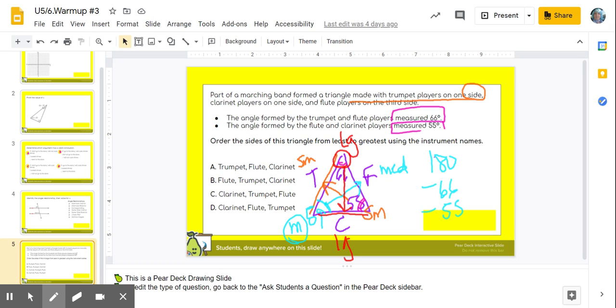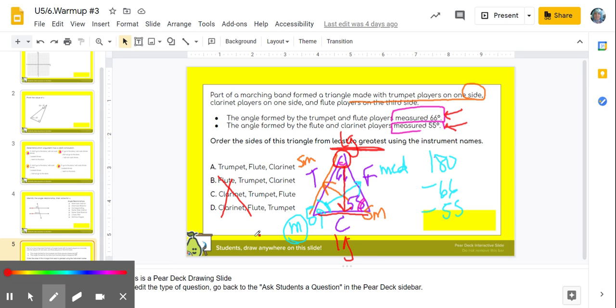So if I'm ordering them from least to greatest, I want to go the small side first, trumpets, and then the medium side, flutes, and then the large side, clarinets. But the important part is to label all your stuff correctly. Degrees are angles. So we're so used to doing T, C, F, in corners that it's weird to put it in sides. That's it for that, guys.